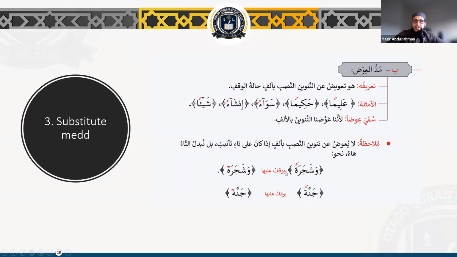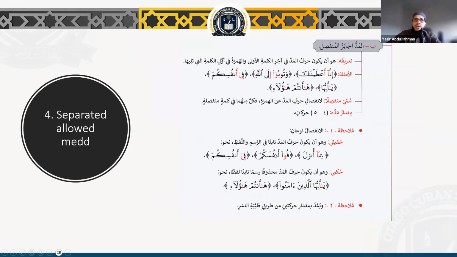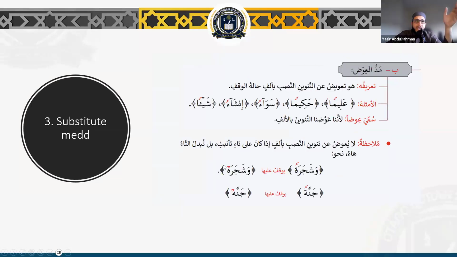You don't do this. Or you don't say jannata. You say jannah. So you change the ta into a ha. And this also applies for the word ma and dua. Now these ones are tricky, sawa as well, insha as well.